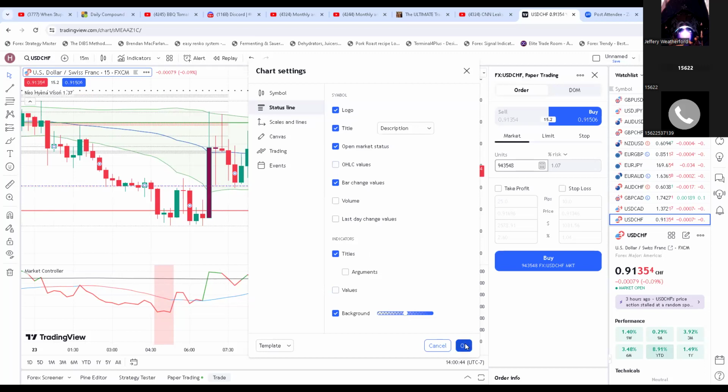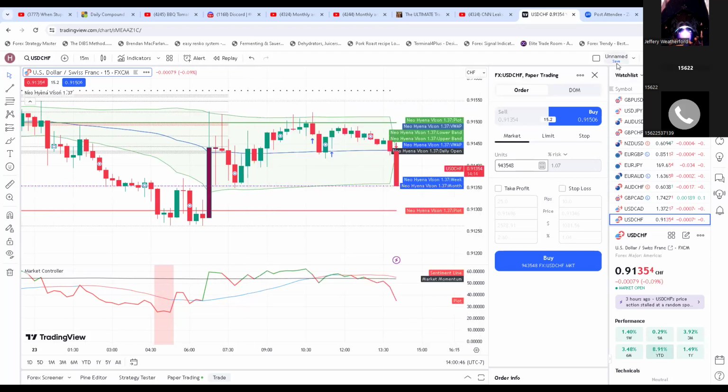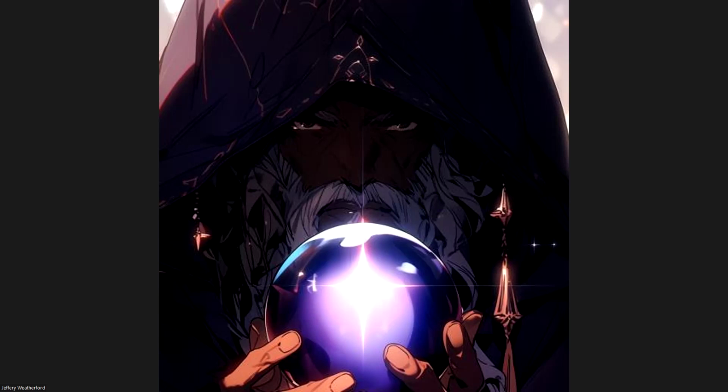Okay, and this should be good. All right, cool. You good to go. All right, so it's saved now. Great. Saved, and you should just be able to open it up anytime you're trying to trade or analyze the charts.